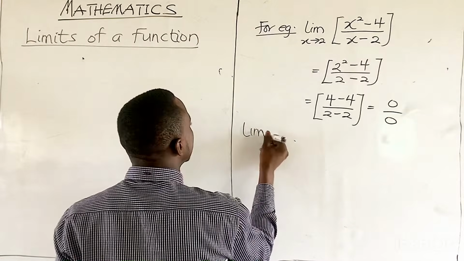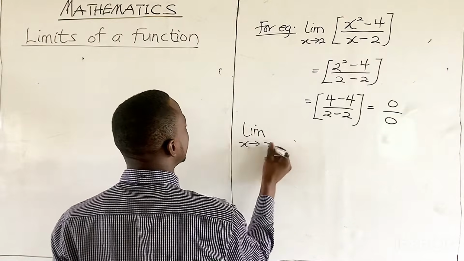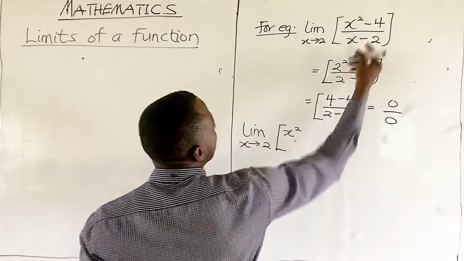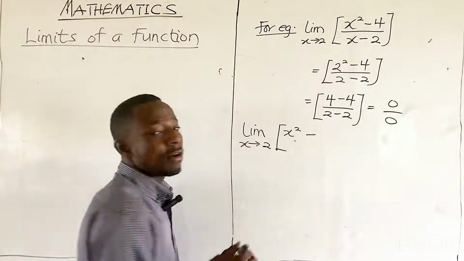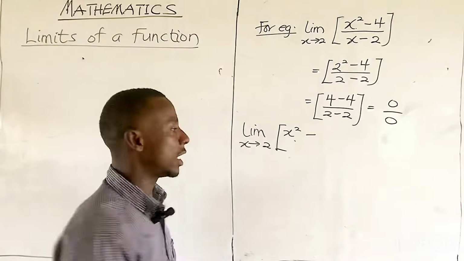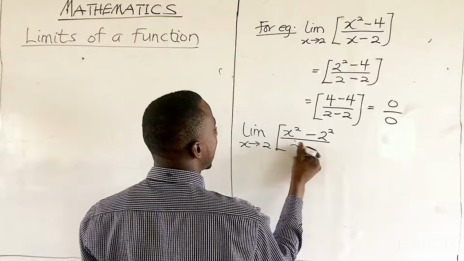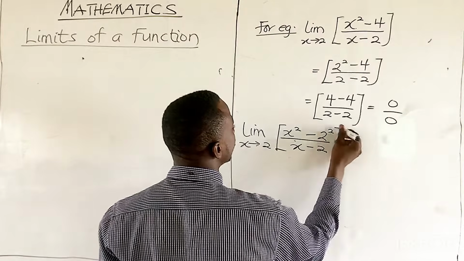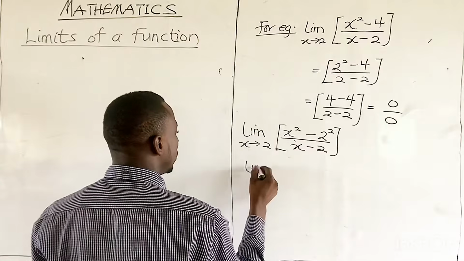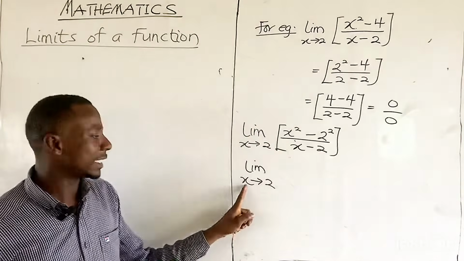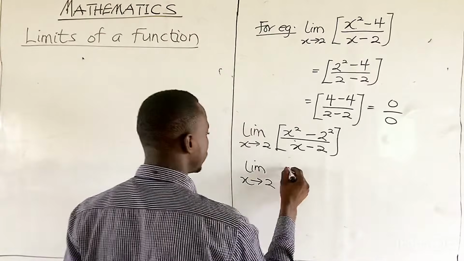So the limit as x approaches 2 of x squared minus 4. Now we know that 4 is a perfect square and is the same as 2 squared, all over x minus 2. So we still have the limit as x approaches 2.